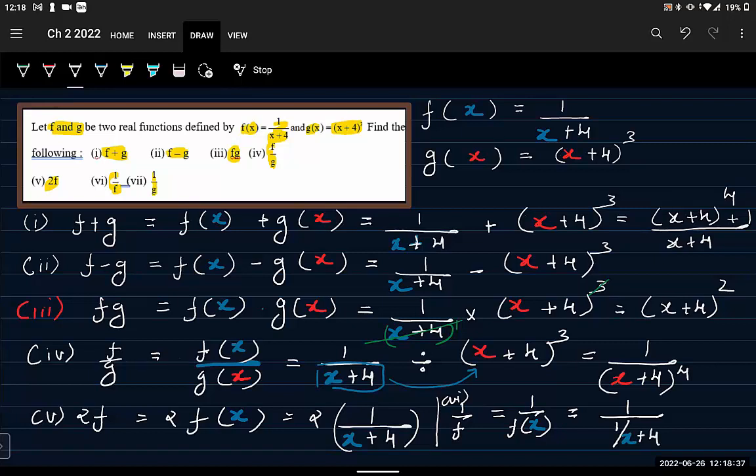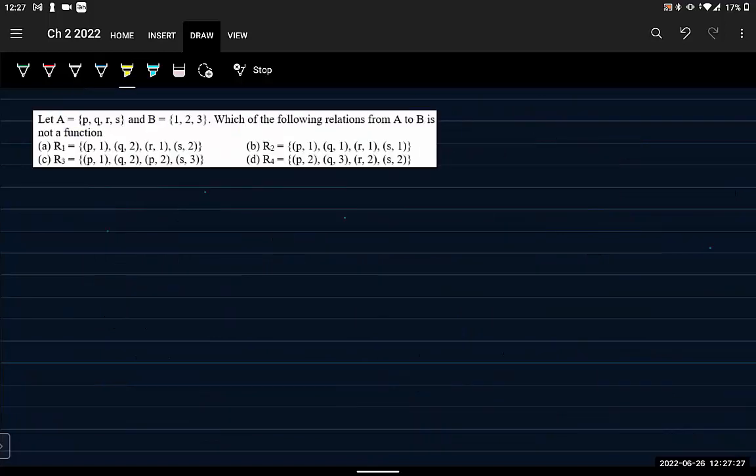Again, the denominator of the denominator would become the numerator and our answer should be x plus 4. Similarly, we can also find 1 by g, which is the reciprocal of g of x. That would be 1 upon x plus 4 whole cube. That completes our first question. Let us now see the second question.